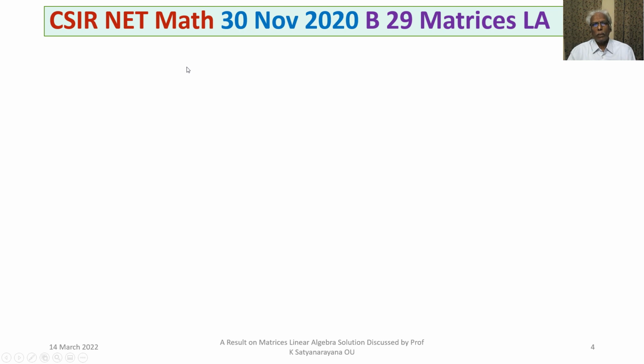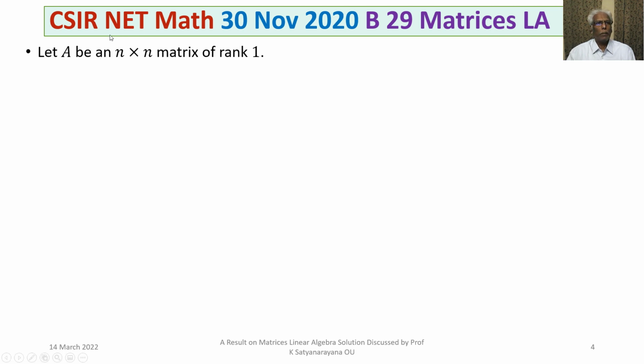There was a question asked in the CSIR National Eligibility Mathematics Examination held on 30th November 2020, from section B, and the question is on matrices and from linear algebra.